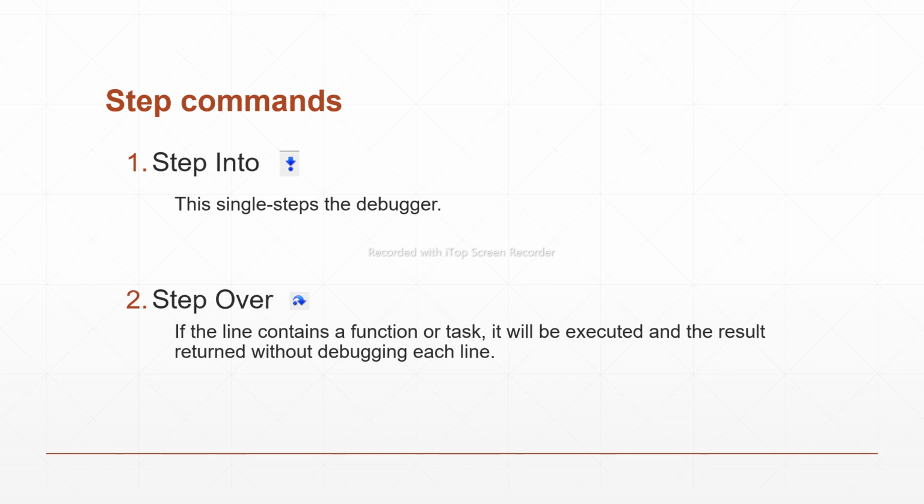The usage of step over is that if a line of code contains a function or a task, it will be executed and the result will be returned without debugging each line, because we are not interested in what exactly is happening inside the function or task, but we need the results from it, so that the further lines of code which depend on this data can execute.